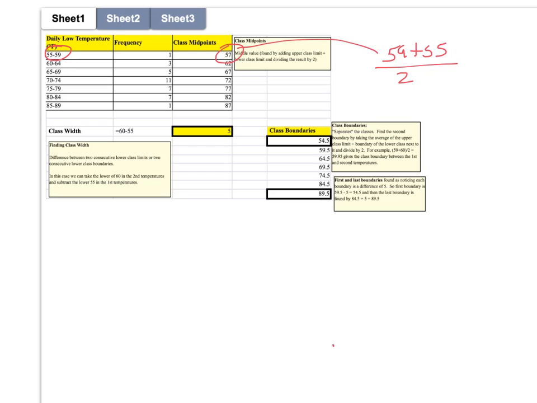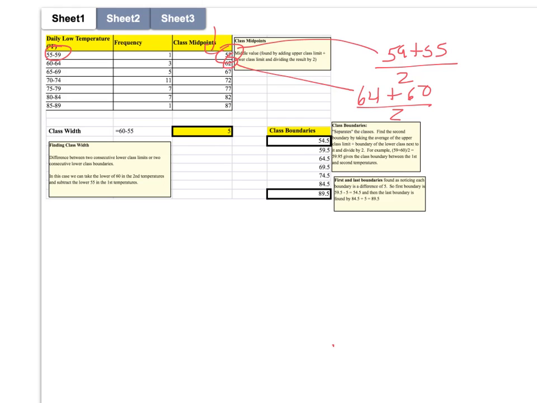And then the next one's 62, which of course would come from 64 plus 60 divided by 2. And you'll see that's what I did in the spreadsheet. If you click on these cells in the spreadsheet, you'll see the actual formula of what I did. And so you get all of your midpoints.